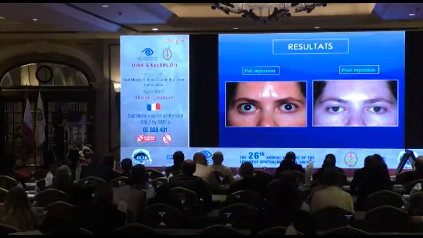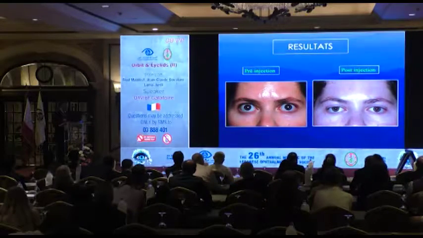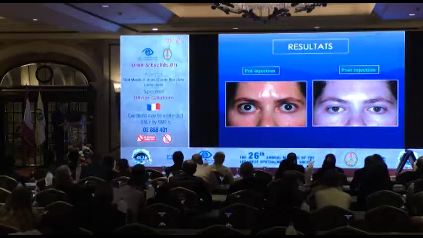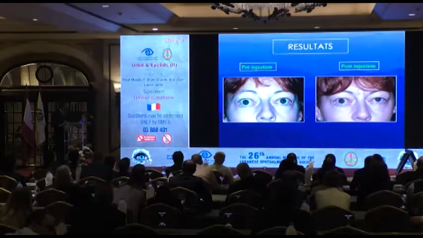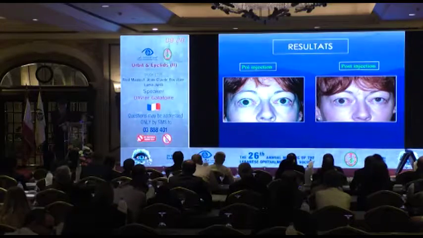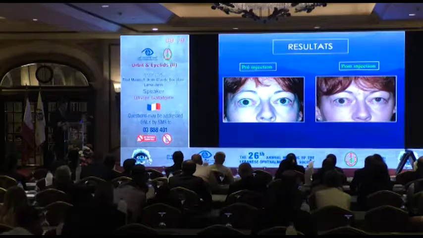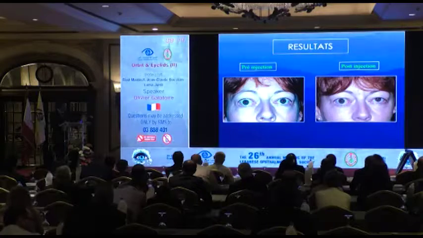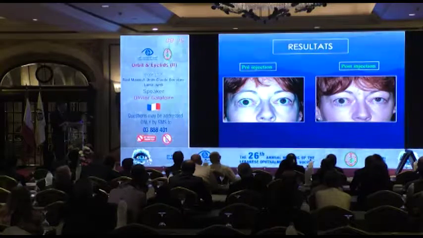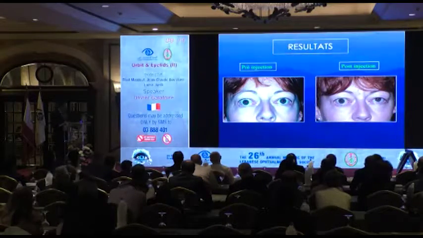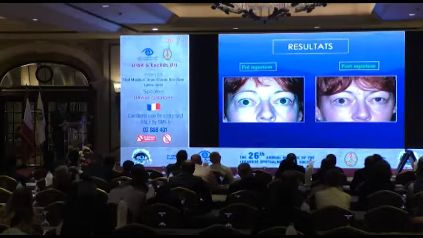Some examples before and after retraction injection, and this example is the limit of Botox in eyelids for retraction. As you can see, it's about 2 or 3 millimeters of retraction, and it's much better, but not really perfect.